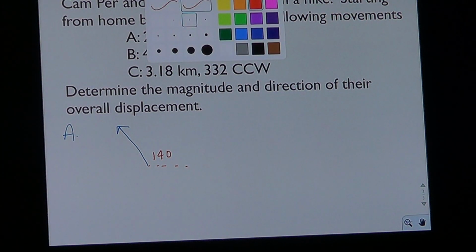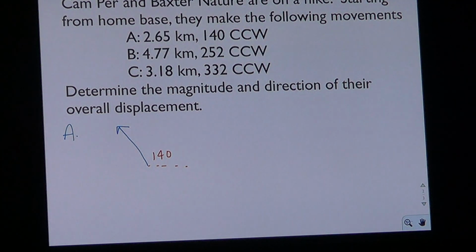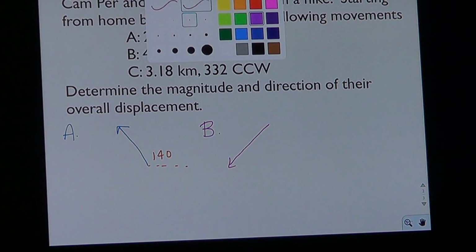And then we have B, which is 252, so that's going to be going to the south and to the west, since it's between 180 and 270.